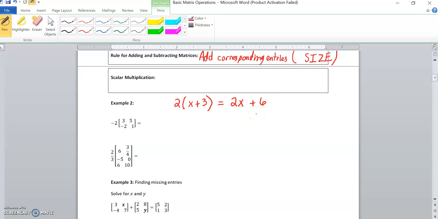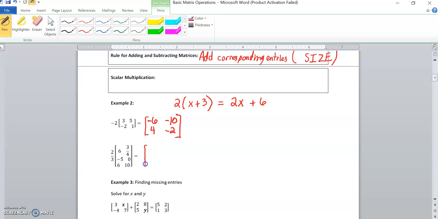Same thing is going to happen here. We're going to take negative 2 times each entry. So negative 2 times 3 is negative 6. Negative 2 times negative 2 is 4. Negative 2 times 5 is negative 10. Pretty straightforward.